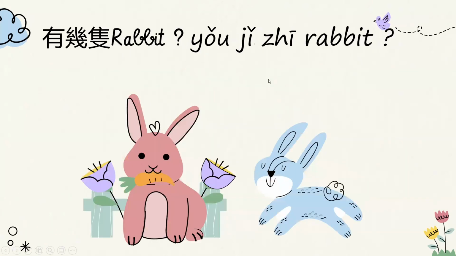And how about this one? There are 2 rabbits, right? So I would like to ask you, 有几只 rabbit? 1, 2. So 有2只 rabbit, right? I hope you don't agree with me, right?